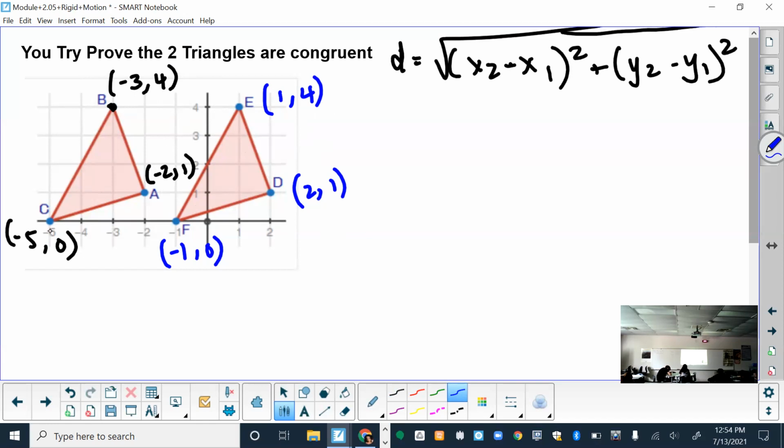Then to prove my side theorem, I need to prove that the corresponding sides are the same distance from each other. So like, I need to prove that these purple sides, BC and EF, are the same. Did we get a value for that?